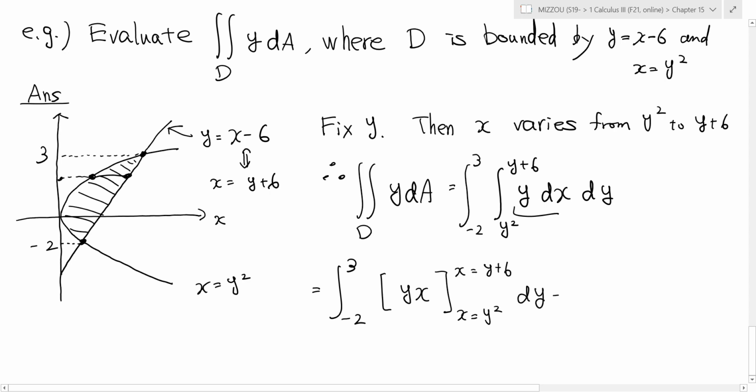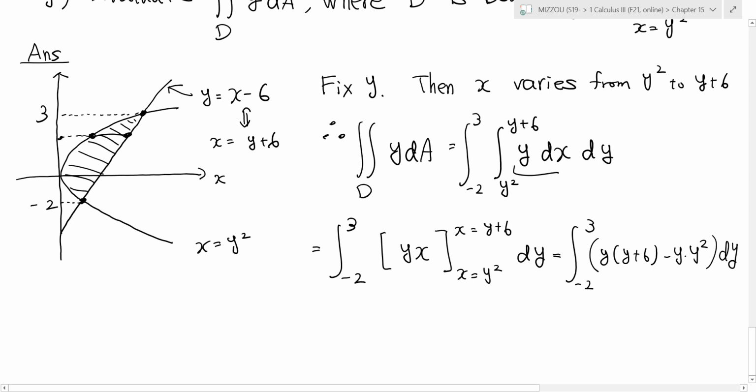This is equal to the integral from negative 2 to 3 of y times (y plus 6 minus y squared) dy.